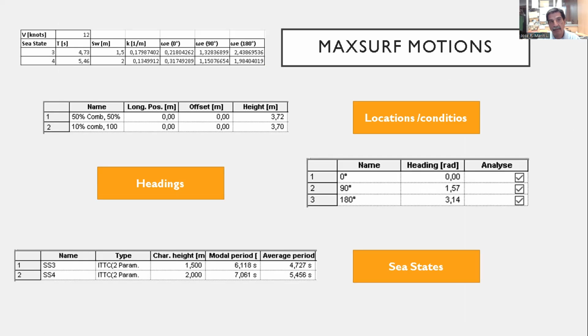Because in general, we need to do some integrations, right? And if you have only 0, 90, and 180, the integration is not going to give us good results. I think when you include closer values, 0, 30, and so on, the integration will give us better results. Okay, go on.